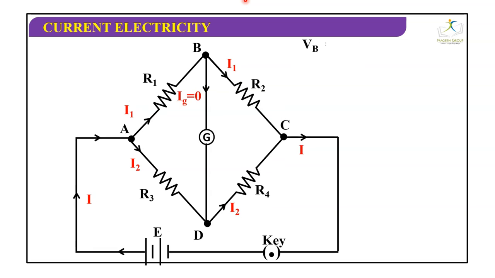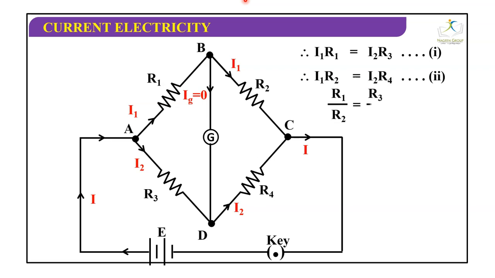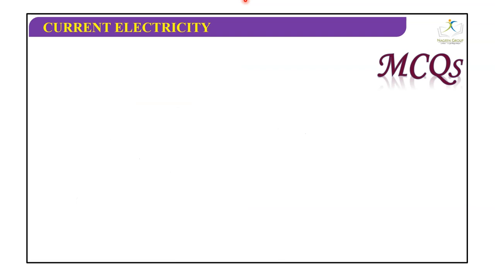This is the first. VB is equal to VD, so VB minus VC is equal to VD minus VC. Hence I1 R2 is equal to I2 R4. So from equation 1 and equation 2, we can write R1 by R2 is equal to R3 by R4.